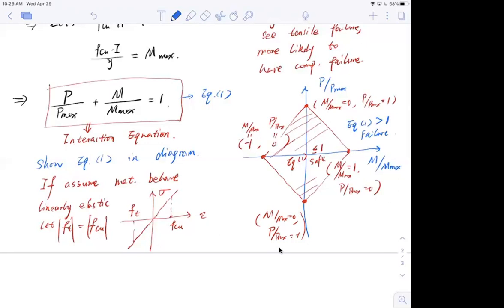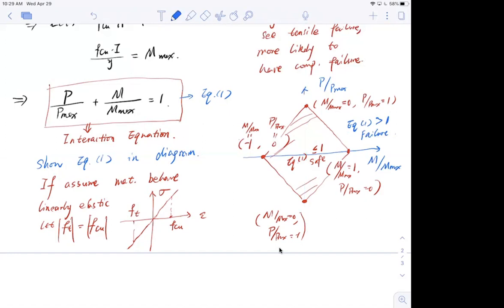Essentially, we assume we know the material is linearly elastic, and we can find these lines, these curves. Given applied moment and axial force for a particular column, with the size, dimensions and rebars known, you can find out whether this point, this blue point, is bad.